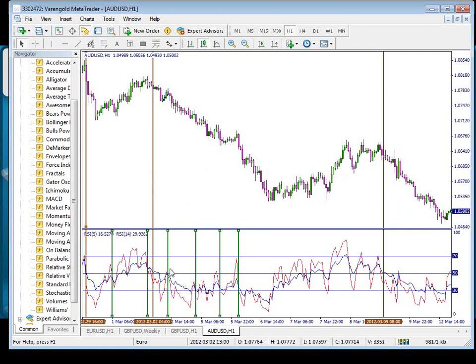On 1 hour we have about 4 till now, and we have some more signals later. There is one signal here, one here, and one other here.